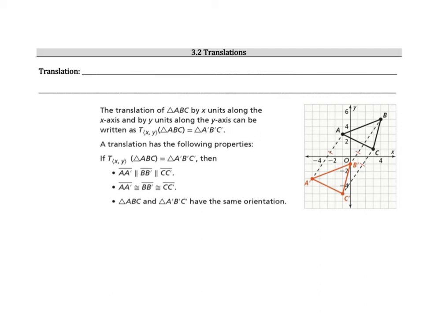All right, so these are the 3.2 notes. 3.1 was a type of transformation, reflections. 3.2 is translation. So what is a translation?